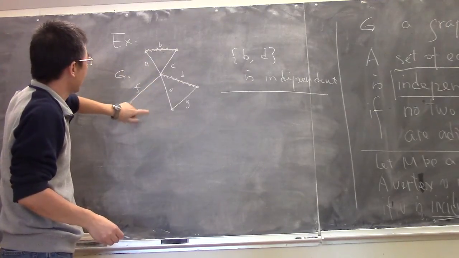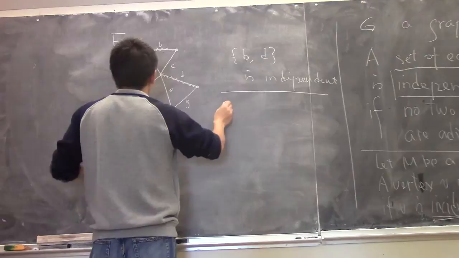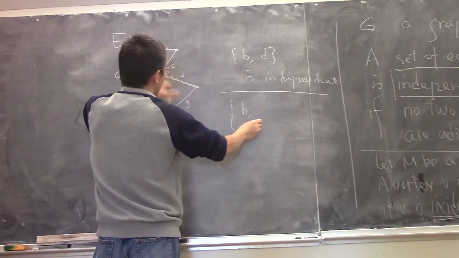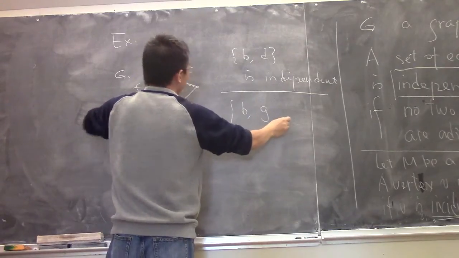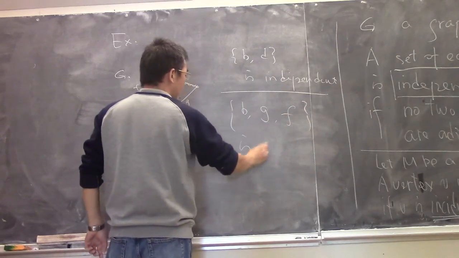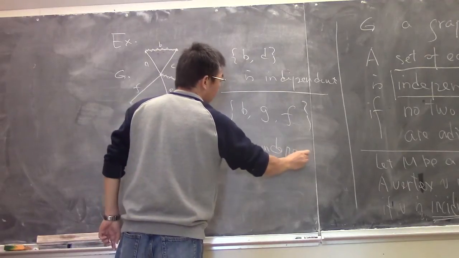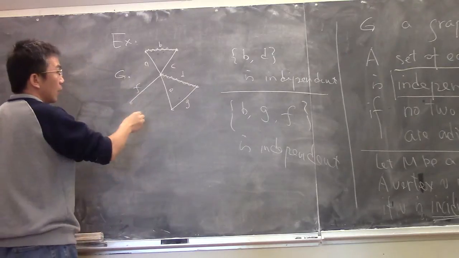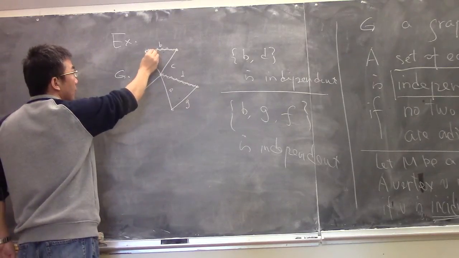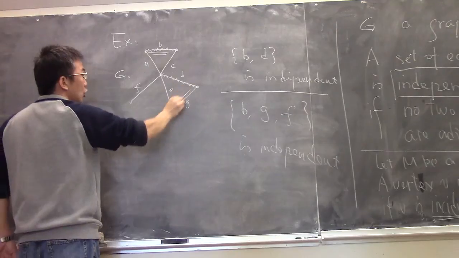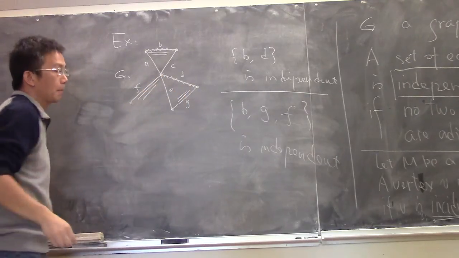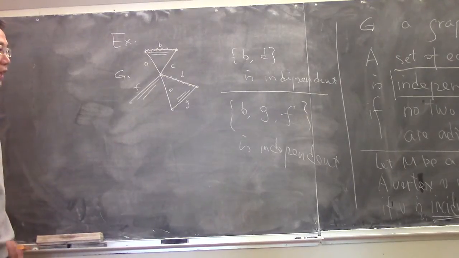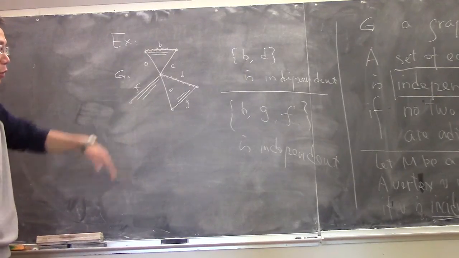Say for example, I pick B, G, and F. This is independent. If I look at these 3 edges, B, G, F, apparently they are independent. So they don't share any common vertices, right? So that's what we call independent.